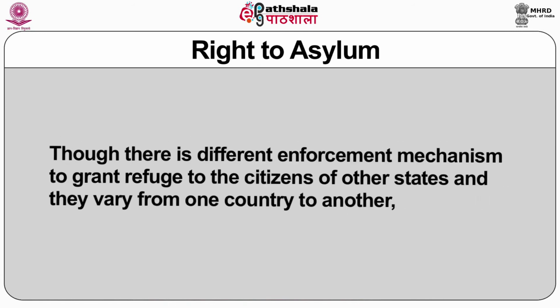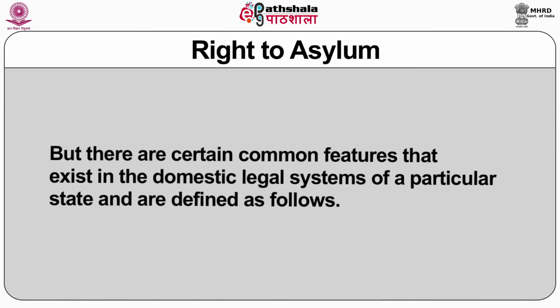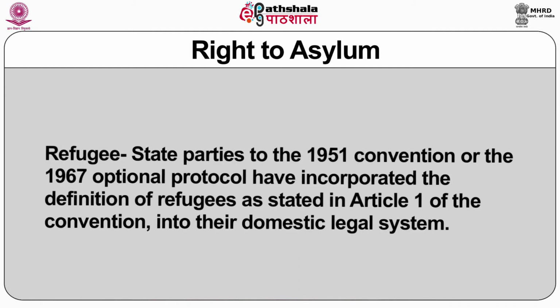Though the enforcement mechanisms to grant refuge to citizens of other states vary from one country to another, there are certain common features that exist in the domestic legal system of a particular state, and they are defined as follows. Refugee.